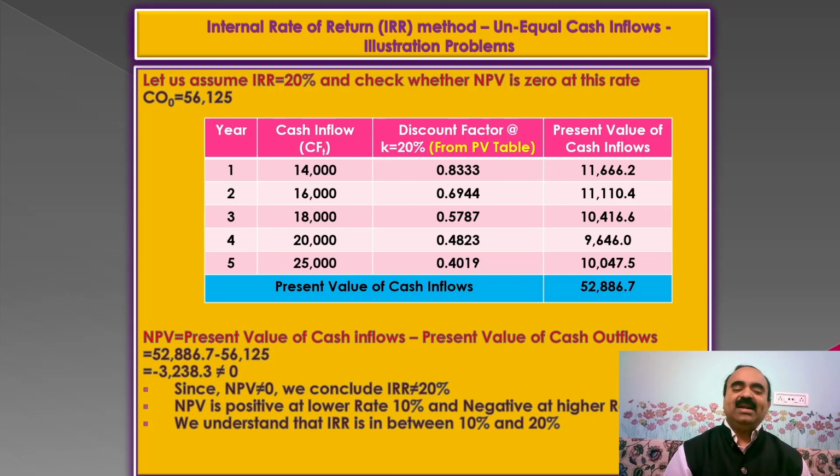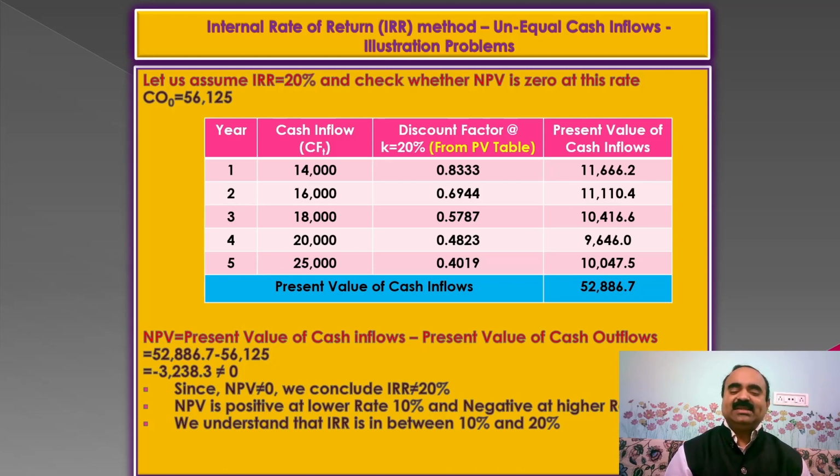As we already defined, NPV is equal to present value of cash inflows minus present value of cash outflows. That is equal to 52,886.7 minus 56,125. That is equal to minus 3,238.3, which is not equal to 0.